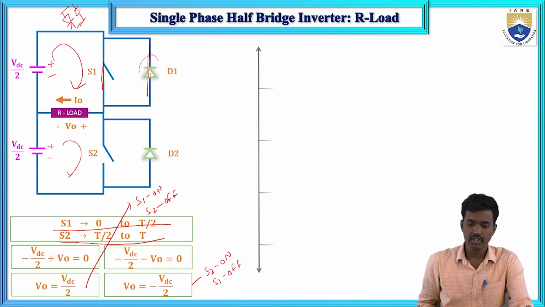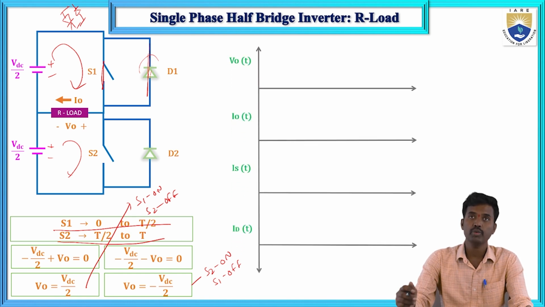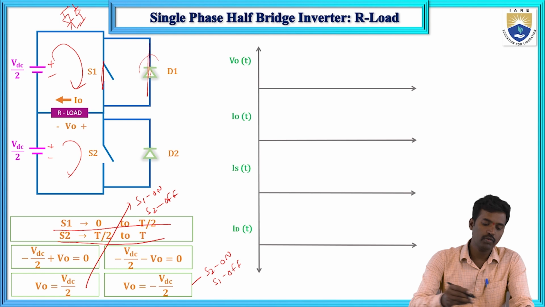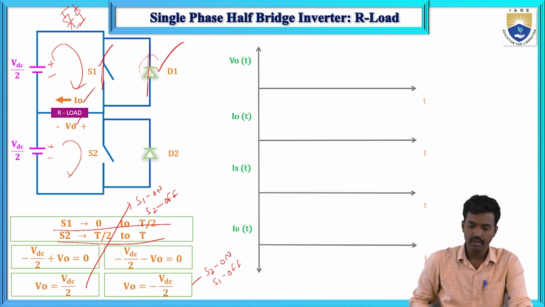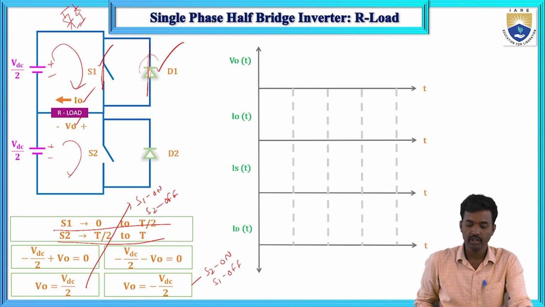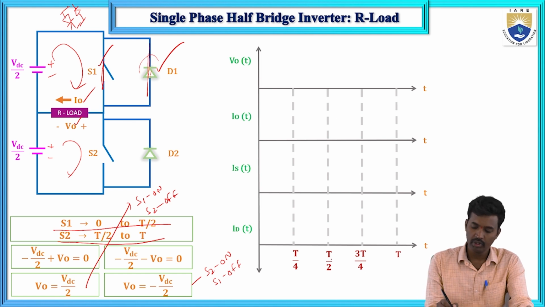Now if you see the waveforms, these are the output voltage waveform, output current waveform, switch current and diode current, which I am drawing. The total time period is T, with T by 2, T by 4 and 3T by 4 marked. The output voltage from 0 to T by 2: S1 thyristor will conduct, and from T by 2 to T, S2 thyristor will conduct.